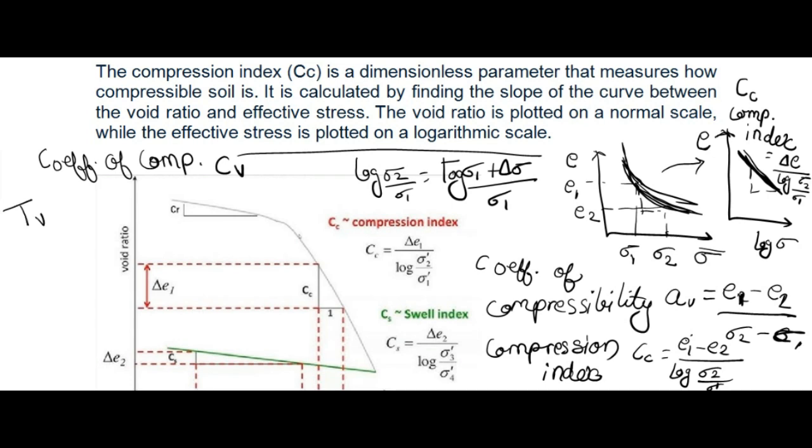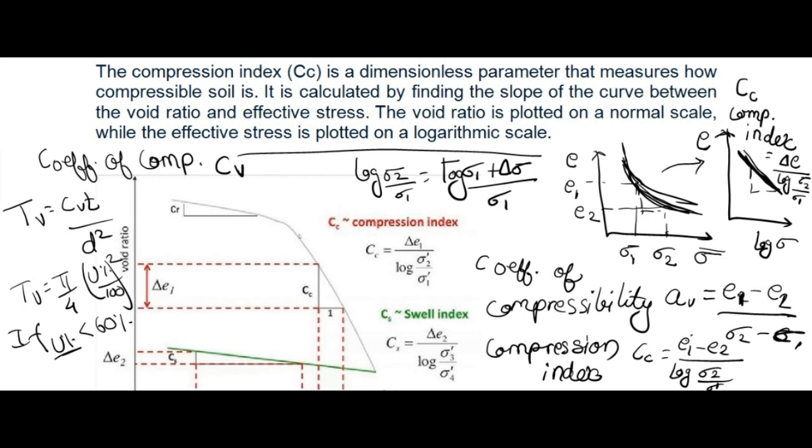Time factor is given as Tv is nothing but Cv t by d square, and also Tv is equal to pi by 4 into U percentage by 100 whole square, if U percentage is less than 60%, and U is the degree of consolidation.